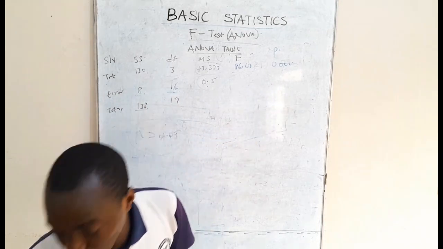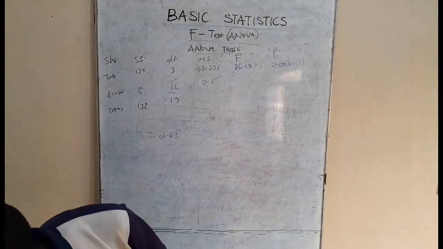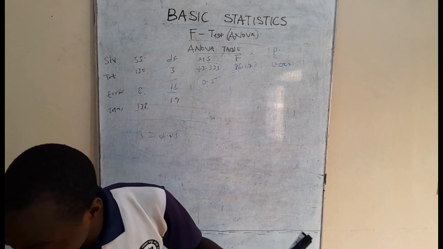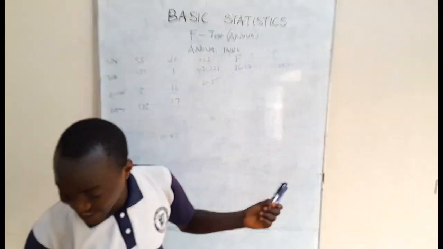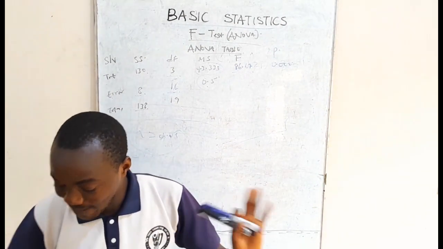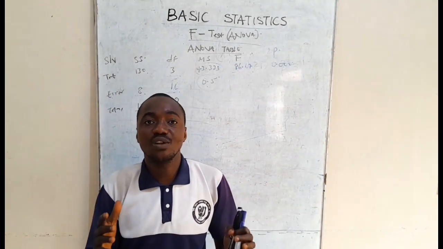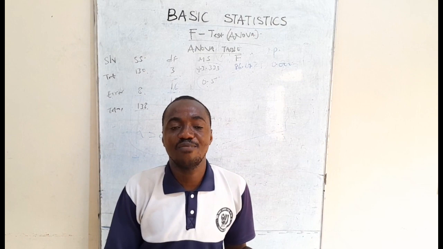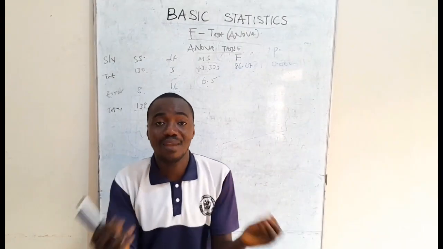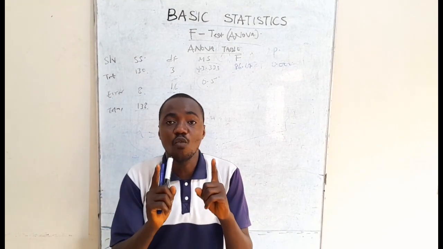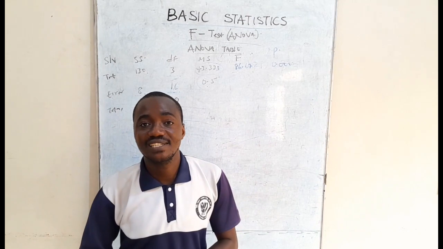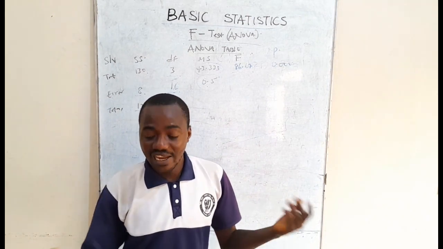Based on the hypothesis, we conclude that the mean bacterial count differed for at least a pair of plants at our alpha of 5%. That means that the mean of one of the 4 plants that we have is different, so we reject our null hypothesis, and then we conclude.